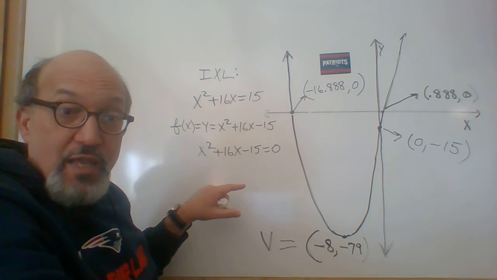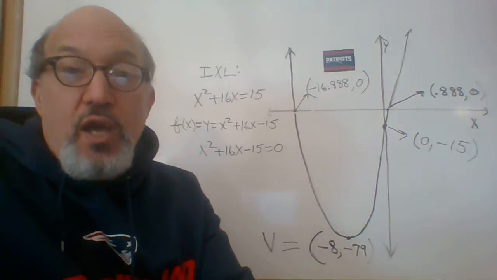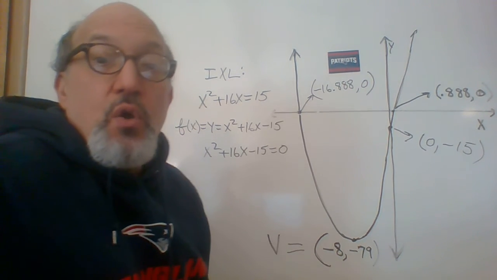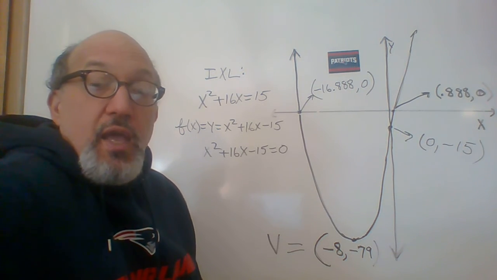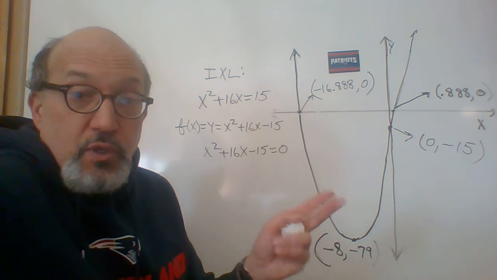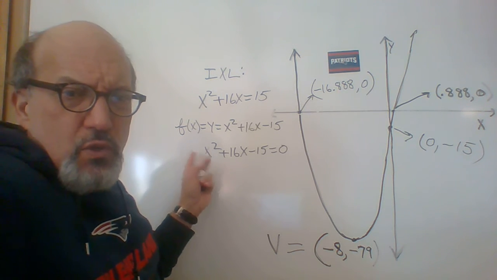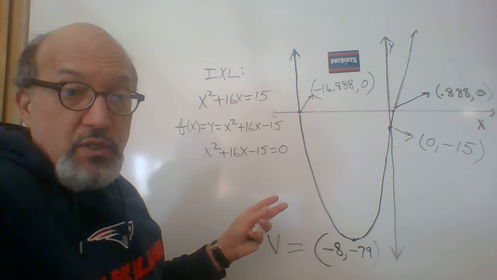That's often the easiest way to solve a quadratic equation, by factoring, but that's not available here. So we're going to complete the square. And completing the square has one or two preliminary steps. This one only has one because the a is 1. If the a is something other than 1, you'd have a second preliminary step.